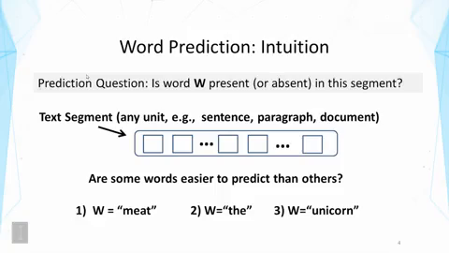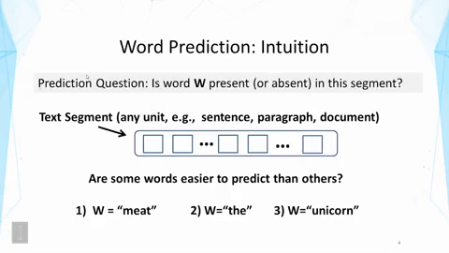So I can just say, well, the will be in this sentence. Unicorn is also relatively easy because unicorn is rare, it's very rare. And I can bet that it doesn't occur in this sentence. But meat is somewhere in between in terms of frequency, and it makes it hard to predict because it's possible that it occurs in the sentence or the segment more accurately, but it may also not occur in the segment.